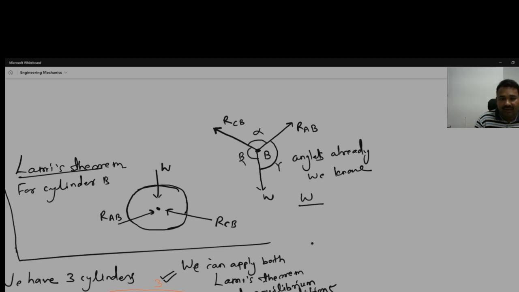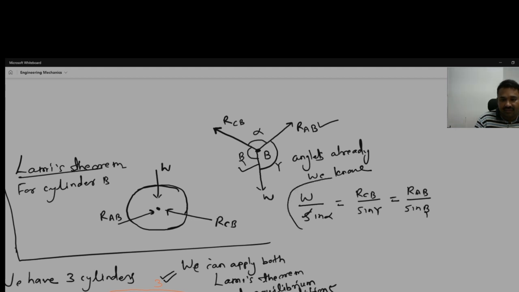So W divided by sin alpha is equal to R CB divided by sin gamma, which is equal to R AB divided by sin beta.